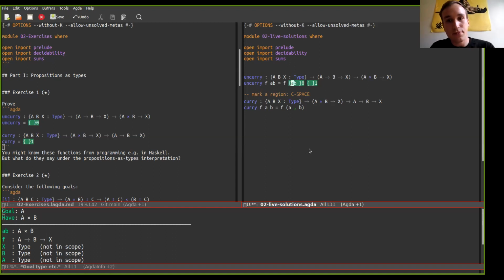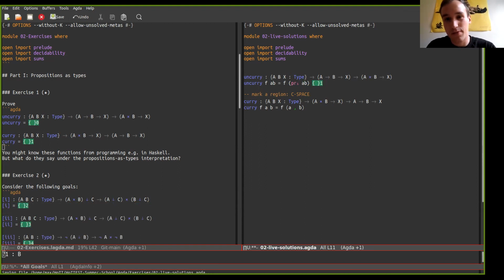So we can write PR1, and the subscript 1 is just as you expected. It's underscore 1, just like the LaTeX command. Oh, and Agda is happy.